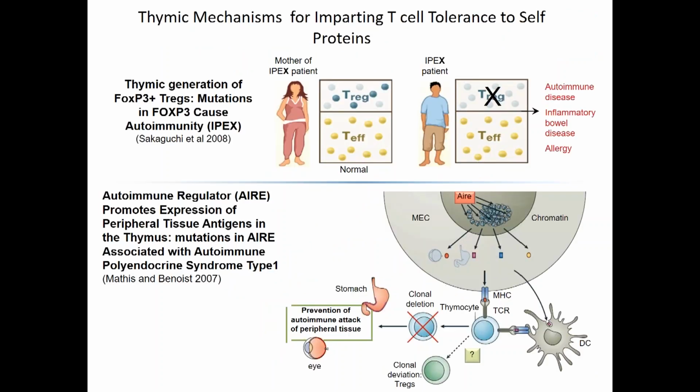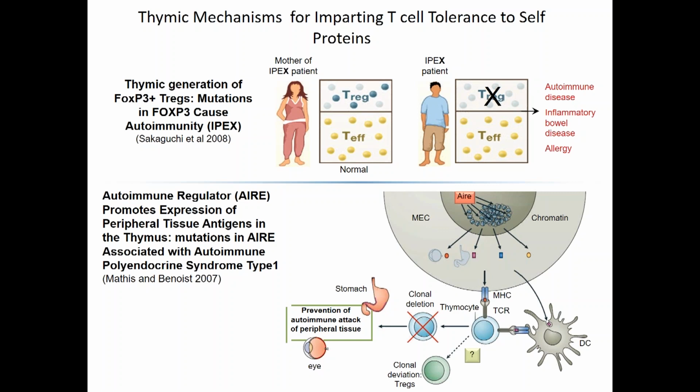Of course, the enhanced tolerance of T cells has to do with thymic mechanisms for imparting T cell tolerance, and there are two predominant ones. One is the generation of FOXP3 positive regulatory T cells in the thymus, and these horrible experiments of nature have revealed this in patients with IPEX, which has to do with a mutation in FOXP3.